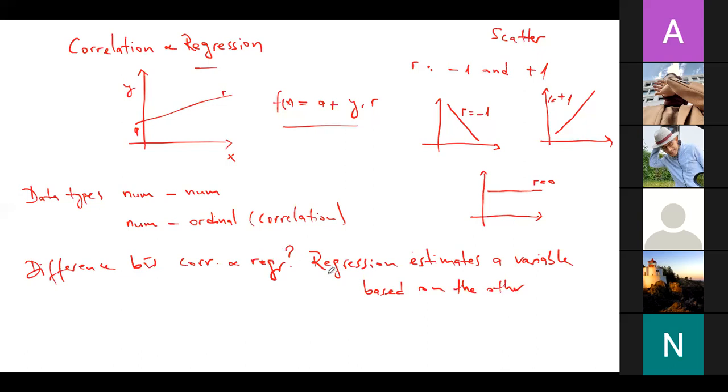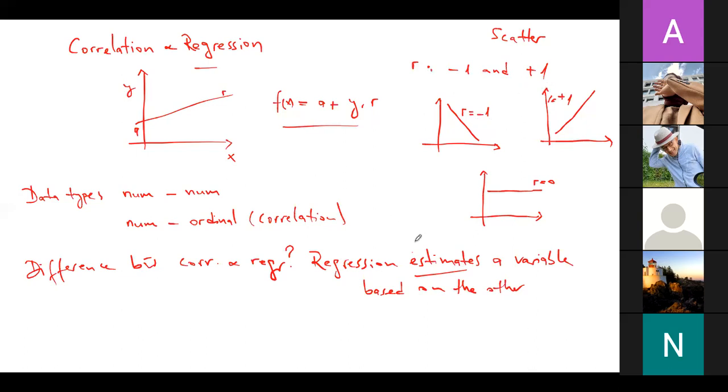In correlation, on the other hand, you don't have an estimation. You don't try to estimate. You just look and say, is there a relationship or not? If there is a relationship, you say the strength of the relationship is 1, -1, or 0, or whatever.